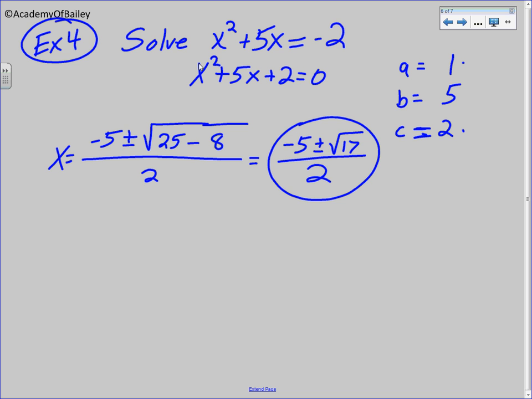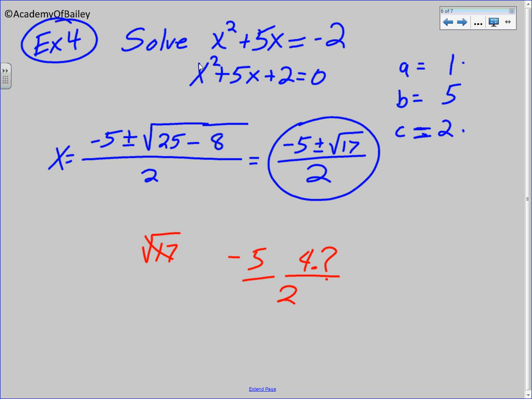If you wanted decimal approximations, you would approximate the square root of 17 to some number. It's 4 point something. But if you were supposed to do a decimal approximation, then you would just change that to 4 point something divided by 2.